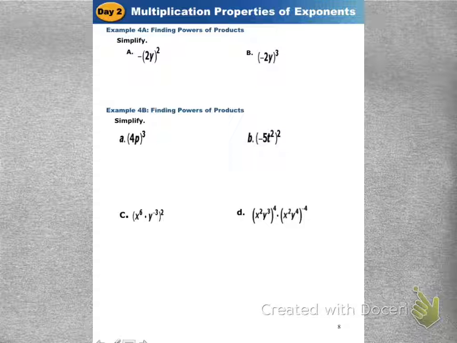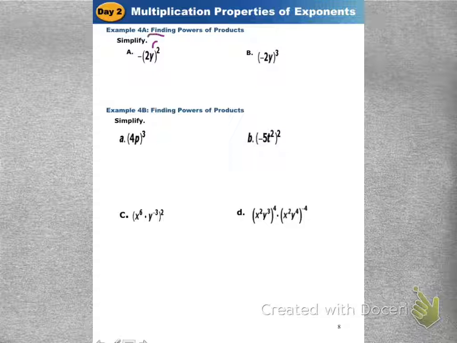Example A says we have a negative out in front. We have 2y grouped in parentheses and then the squared. So what exactly does that exponent go to? Well, the exponent goes to what's directly in front of it. In this case, because there's parentheses, it goes to everything in the parentheses.